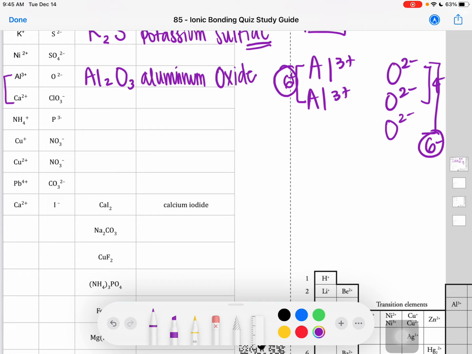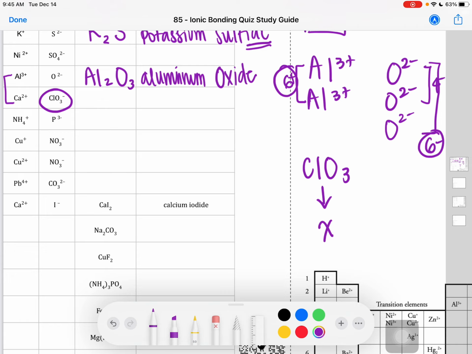Let's do the calcium and ClO3 minus. When you see a compound like that, you can help yourself by thinking about it in one way. You can pretend that ClO3 minus, let's just do it without the minus, this compound here is X, like X in chemistry.